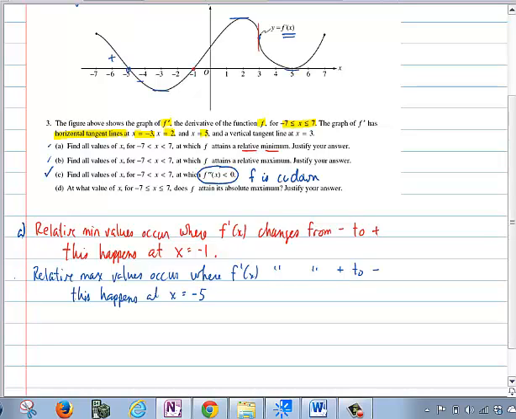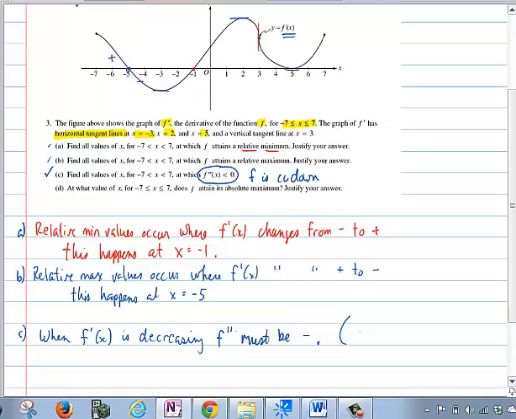So for part C, whenever f prime is decreasing, f prime prime must be negative.